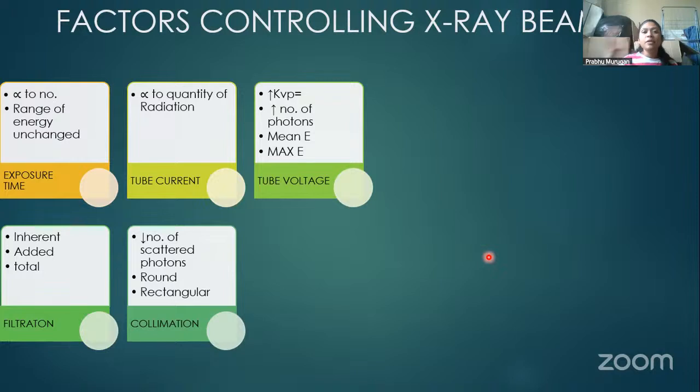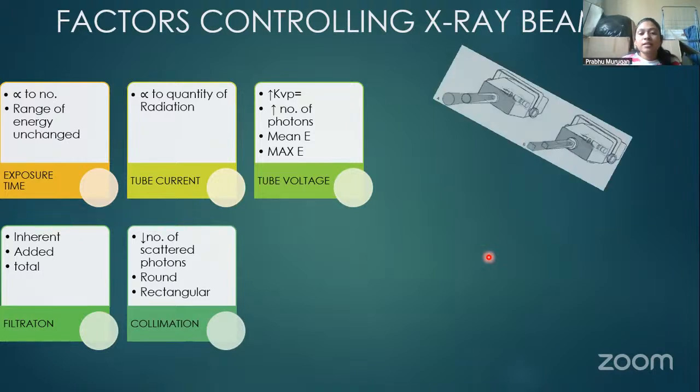So beyond that, the X-rays cannot go at all. So there is less cone cut, less scattered radiation, and radiation exposure is also very minimal because it mimics the exact shape of the IOPA film. So a rectangular collimator is the ideal one, but most machines use a round collimator only.